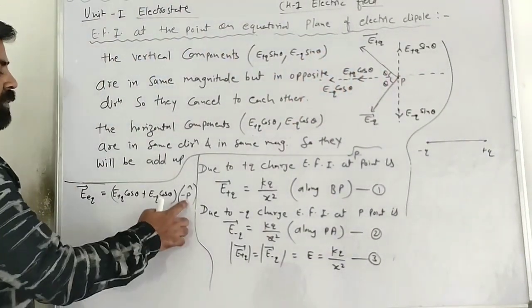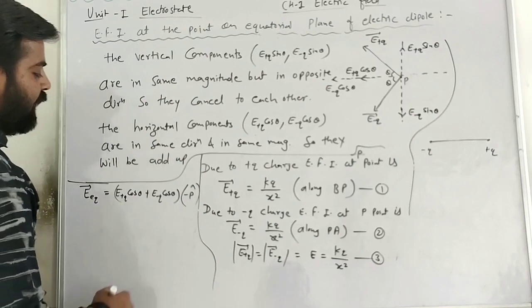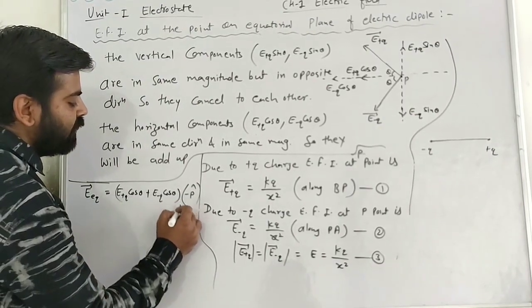So it will be written as minus p cap, and this is given by equation 3rd.